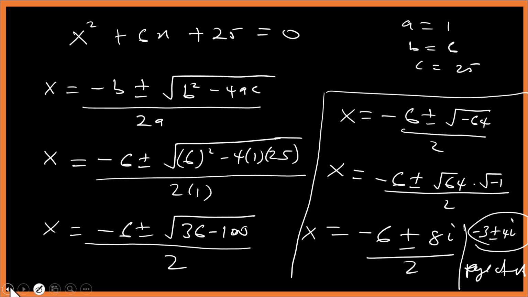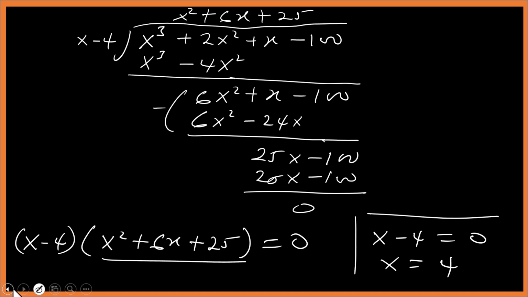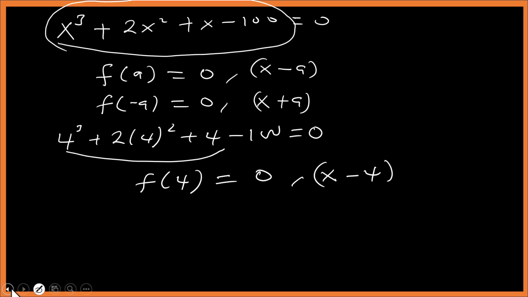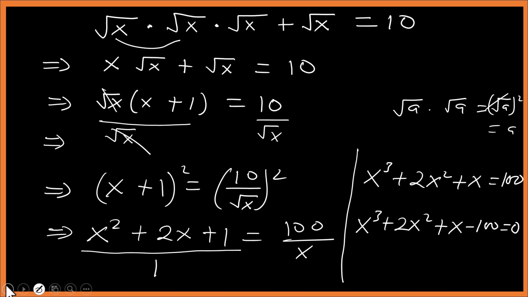Okay, so let's focus on the real solution. That is x equals to 4. Alright, so x equals to 4. Let's plug in and see if we get the solution. So let's verify.